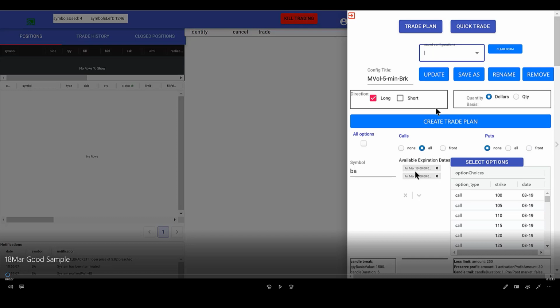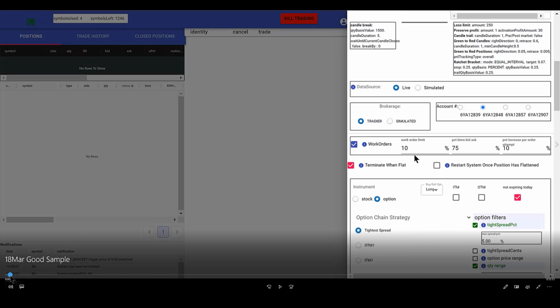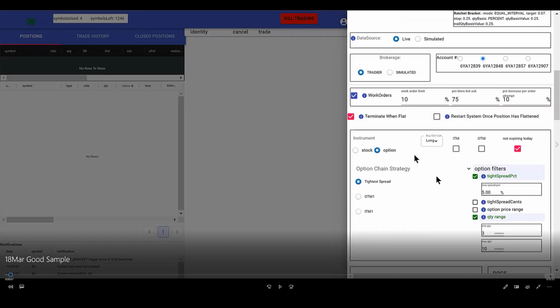We have by default selected March 19th and March 26th expiration options. And right here you can see that we are filtering options so that we're looking for the tightest spread.